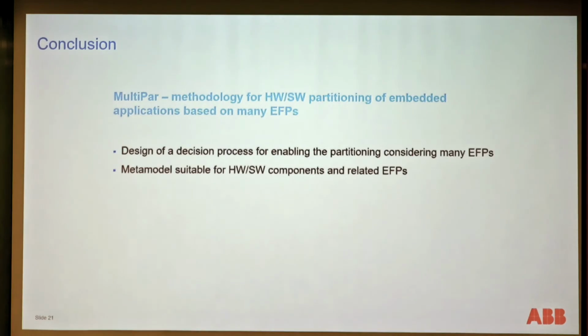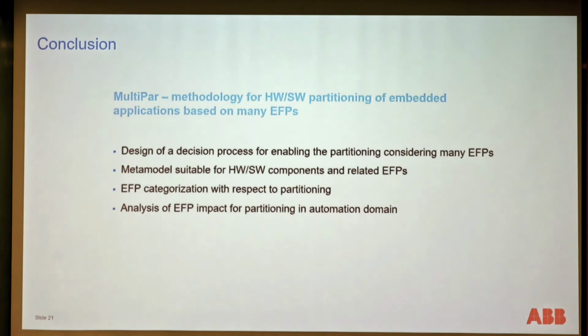We have defined a meta-model that uniformly allows treating hardware and software components, in order to also automate the process. We provide a categorization of the extra-functional properties that are of importance for the partitioning.